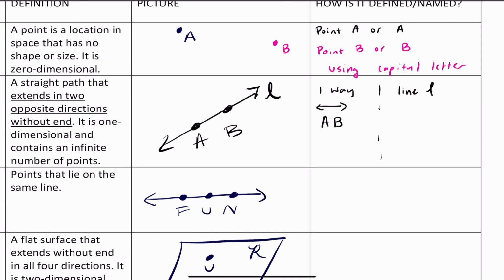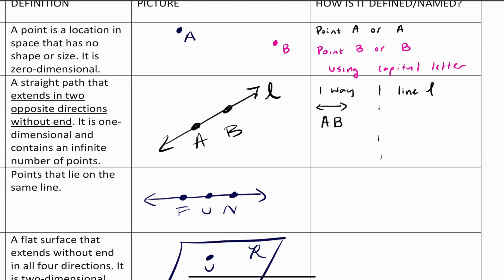Okay, real quickly, I want to talk about what one-dimensional means. Basically, it means that you can go up and down or left and right, but not both at the same time. And lines do have an infinite number of points. Just because you see a point here and a point here, it does not mean that this line has 2 points.